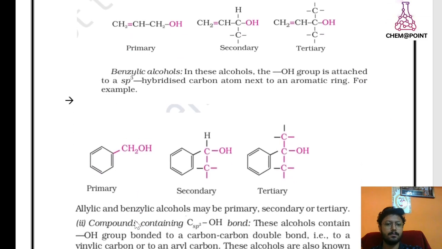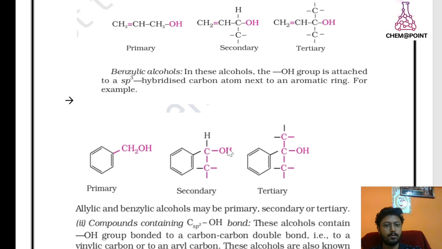Now the second type, benzylic alcohol, right? In this alcohol, the OH group is attached to an sp3 hybridized carbon atom next to an aromatic ring, for example, benzene attached to CH2OH. So the OH group is directly attached to a carbon that has two hydrogens, it is primary, as I already told.